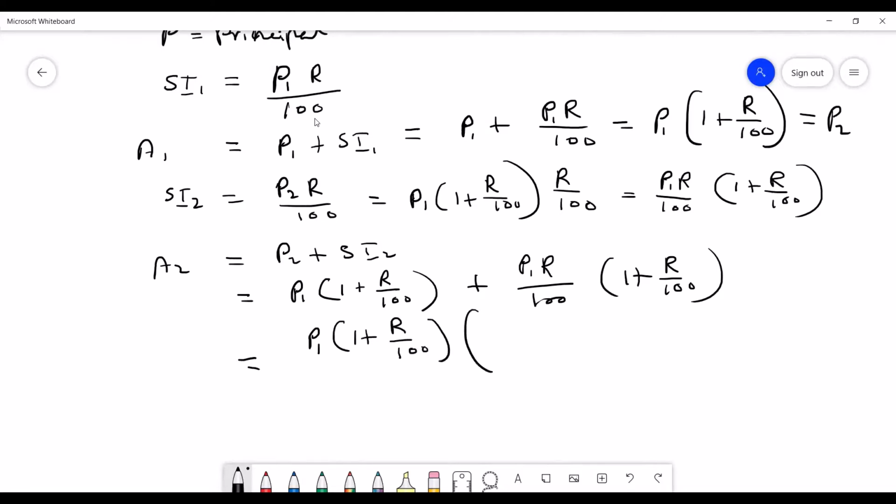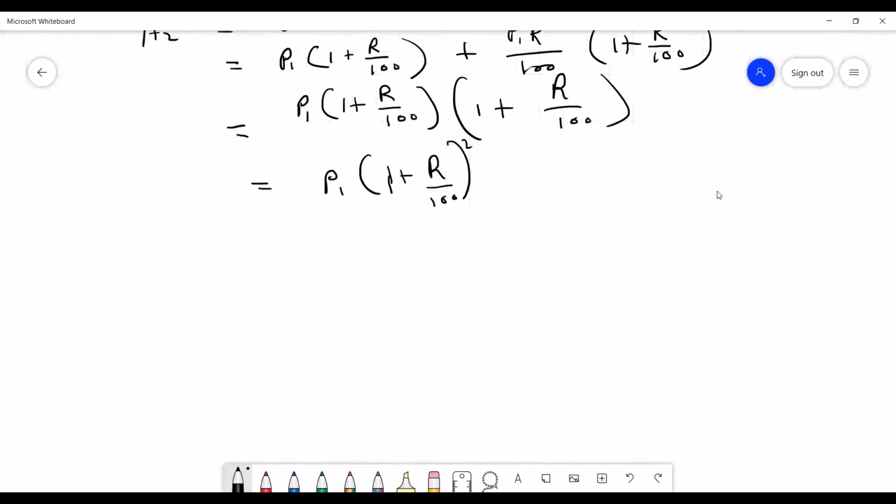The remaining will be 1 and R divided by 100. It means P1 into 1 plus R divided by 100 squared. So for 2 years, it will be P1 into 1 plus R divided by 100 whole square.